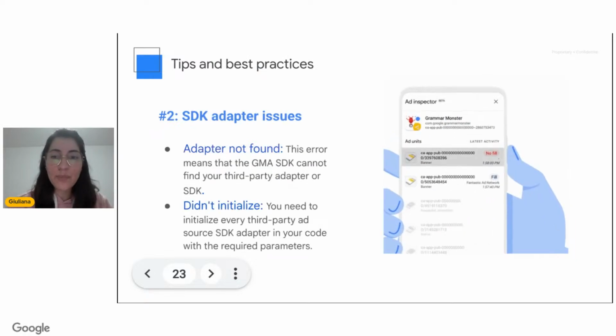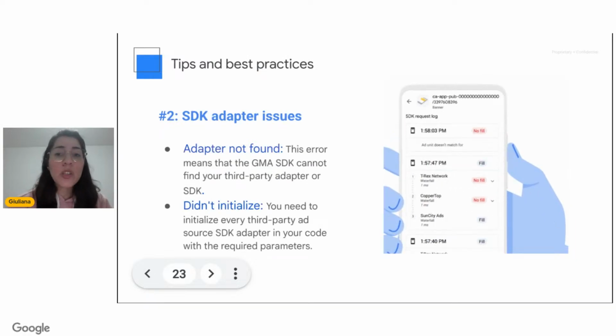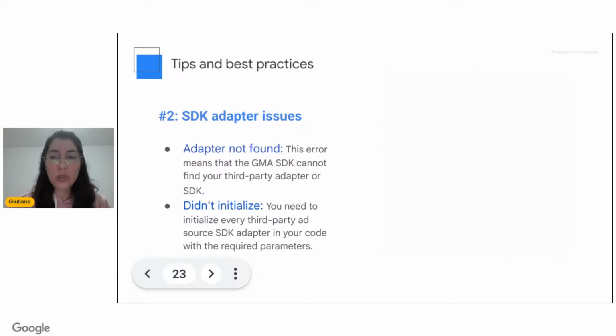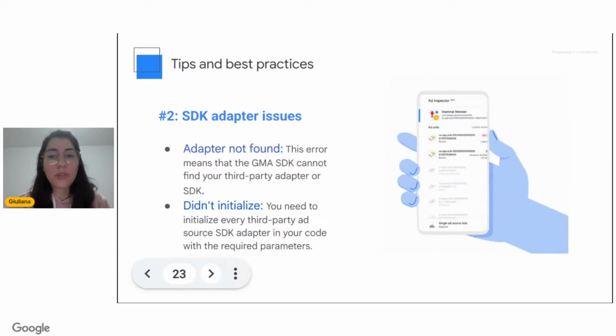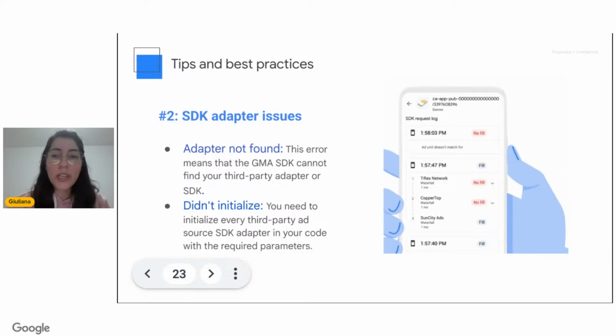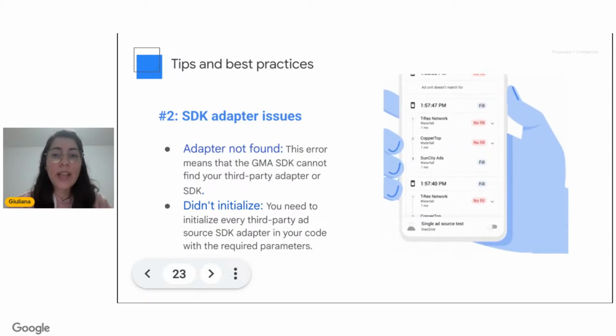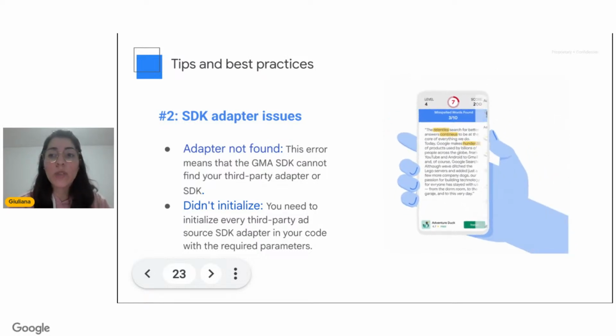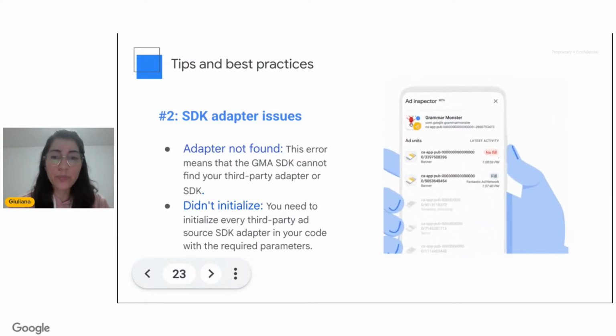Next slide. Thank you. As mentioned, some common issues you'll see on the Ad Inspector tool are SDK adapter issues. For example, adapter not found and didn't initialize. Some third-party ad sources require an SDK and its GMA SDK specific adapter to load and display ads from that source.